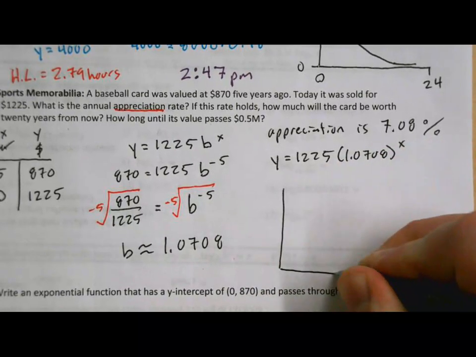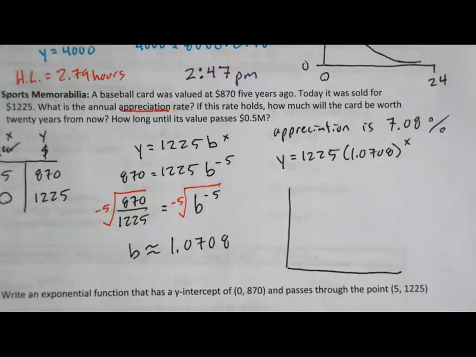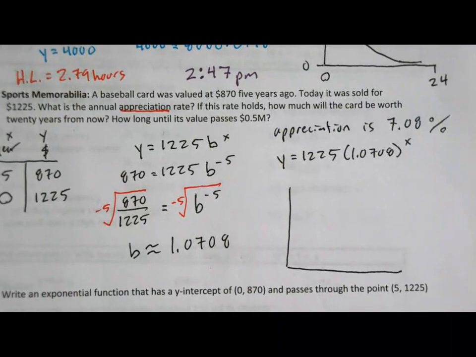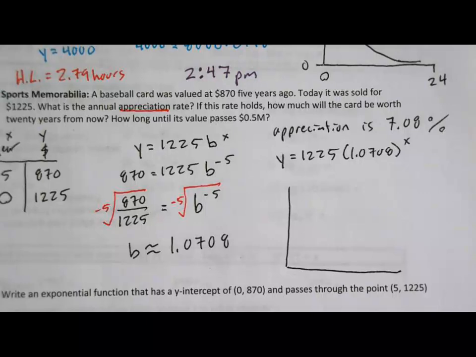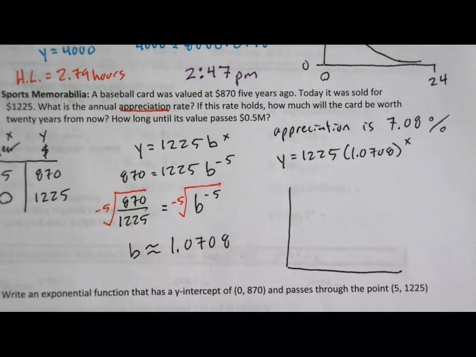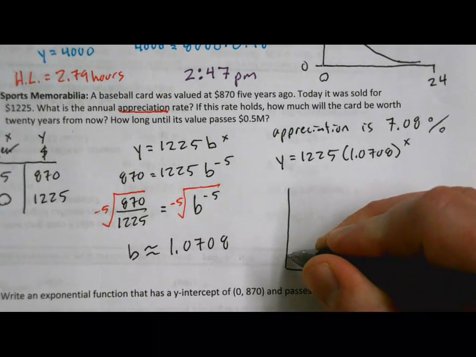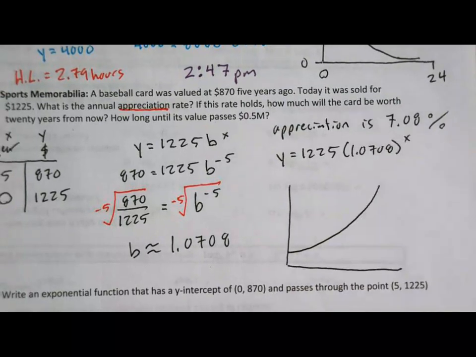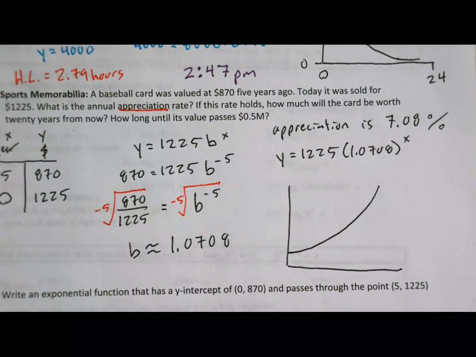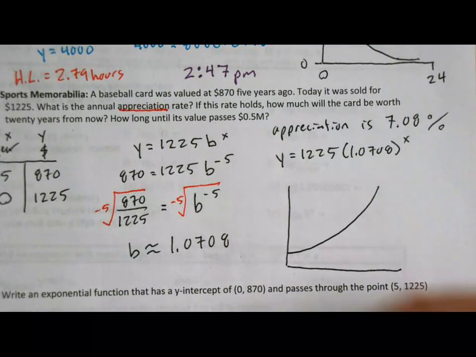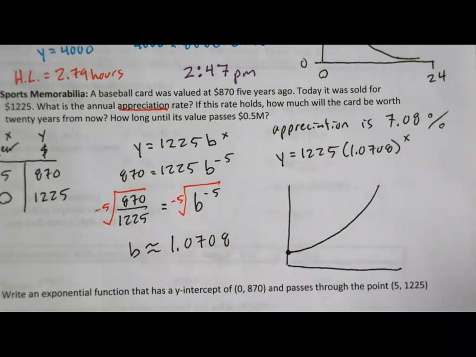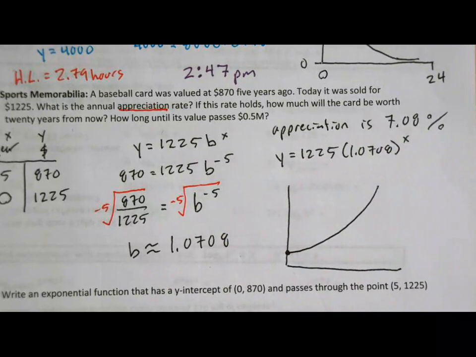So let's think about what this one's going to look like. Is this growth or decay? It's definitely growth because the price is going up. And I know that exponential growth has a curve that's going upwards like this. Do we know where it intersects the y-axis?